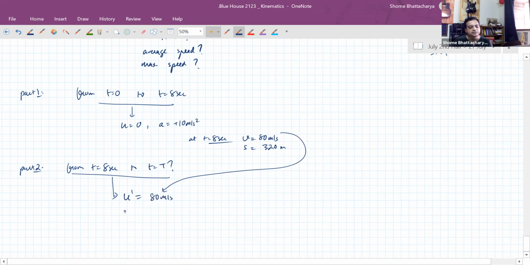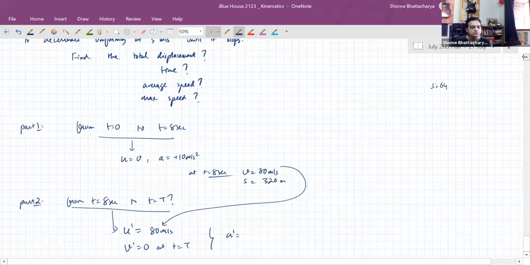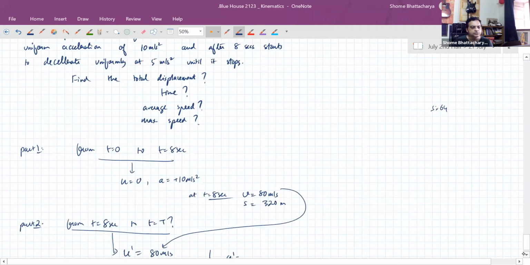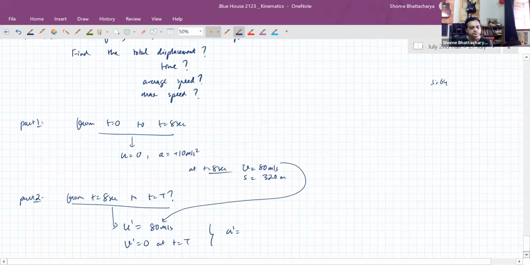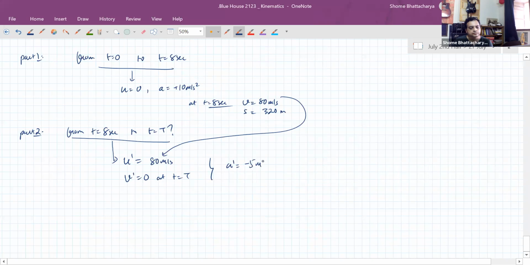The final velocity is 0 at t equal to capital T, and the deceleration is five meters per second square. So v prime should be equal to u prime plus a prime into that time difference, right, in general.